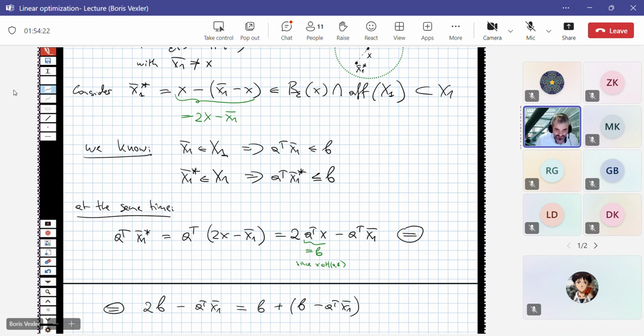Now, about b minus A transpose x1 bar, we know that this is larger or equal than 0. And therefore, the whole thing will be larger or equal than b.